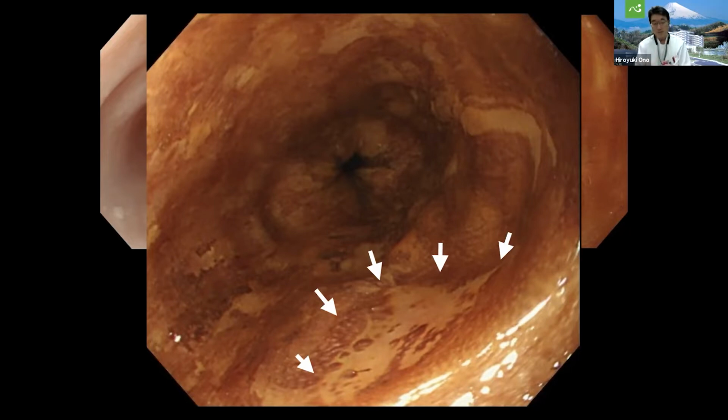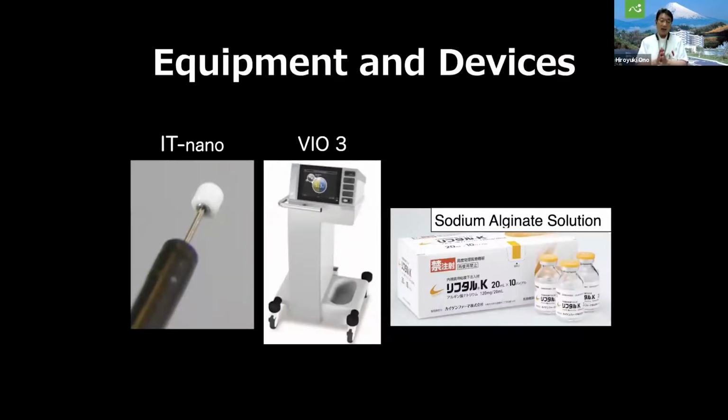However, he has many ESD scars, so maybe there is severe or moderate fibrosis. So let's start ESD. I use the IT knife nano and Bio3 for the generator, and sodium alginate solution for injection.